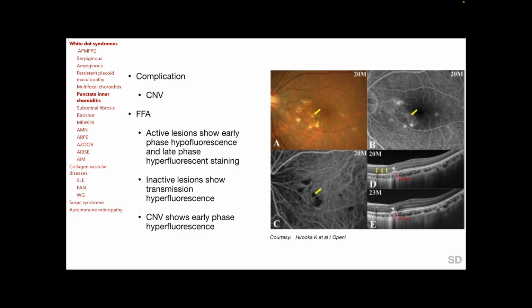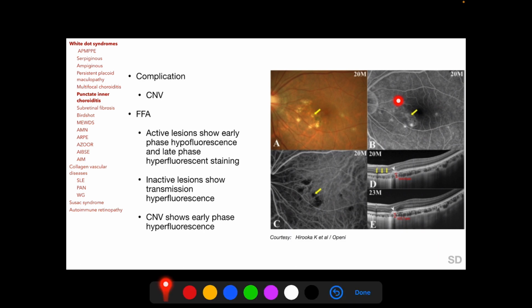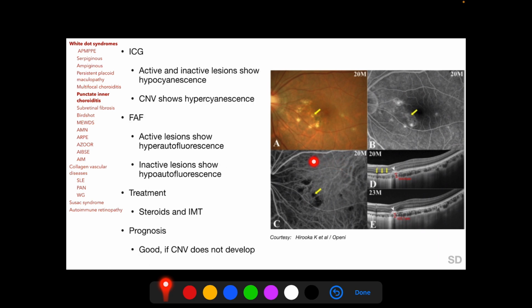Choroidal neovascularization can occur in punctate inner choroiditis. On fluorescein angiography, active lesions show early phase hypofluorescence and late phase hyperfluorescent staining. And healed lesions show transmission hyperfluorescence. If CNV occurs, we will find early phase hyperfluorescence. On indocyanine green angiography, active and inactive lesions show hypocyanescence in both early and late phases.